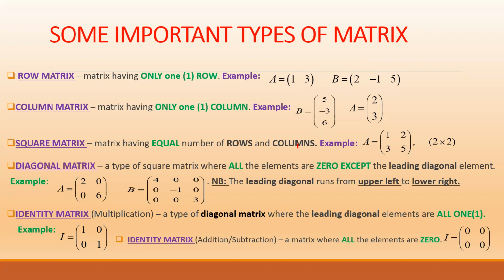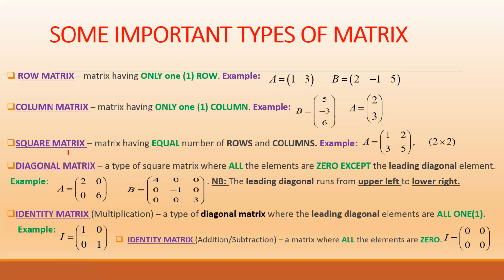A matrix having 3 rows and 3 columns would be a square matrix. A matrix having 4 rows and 4 columns would be a square matrix. So the number of columns is equal to the number of rows. In this example, you can see that there are 2 rows and there are 2 columns. So that would be a square matrix.